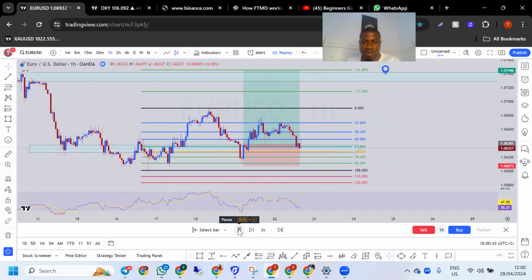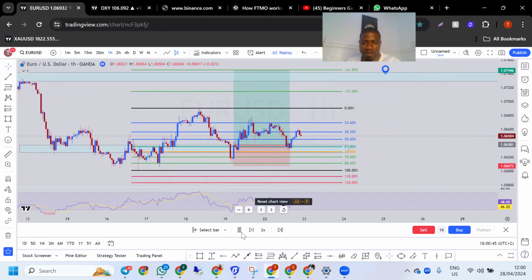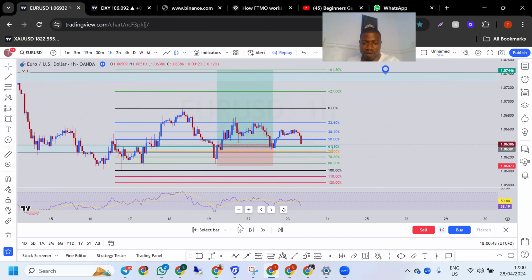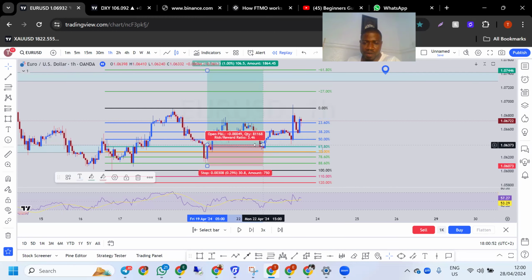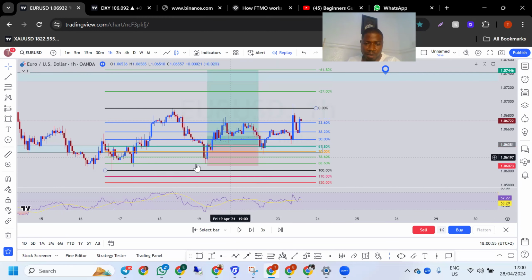Yes, market came back to my entry. This was the second trade I entered. And why I entered that trade late on the 4 hour time frame is because I wanted to take the trade during London session.